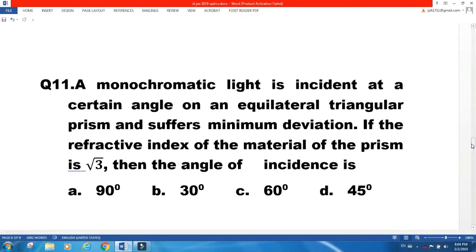Next question. A monochromatic light is incident at a certain angle on an equilateral triangular prism and suffers minimum deviation. If the refractive index of the material of the medium is √3, then the angle of incidence is?